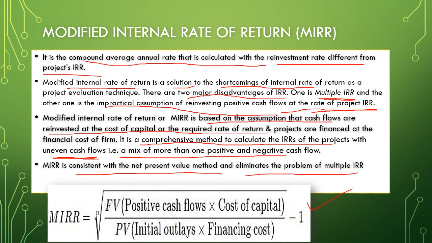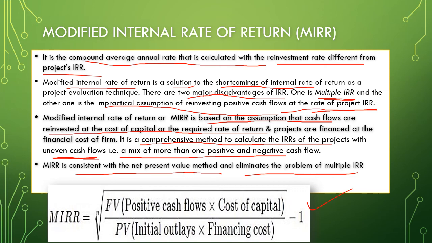Okay, so just know the concepts. You don't have to go into details because these are not much popular methods. The NPV, IRR, profitability index, payback period, ARR, these are the most popular methods. These are not such popular methods. Just know the concept that MIRR reinvests the cash flows at opportunity cost of capital, whereas in IRR the cash flows are reinvested at the IRR rate itself.